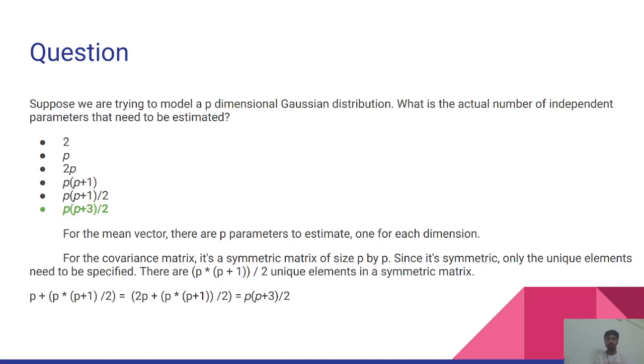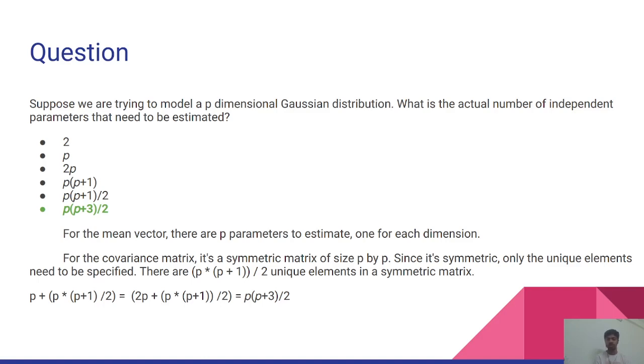And how are we getting it? To find the number of independent parameters, at first we need to find the mean vector. Suppose it is a p-dimensional Gaussian distribution. For the mean vector there are p parameters, one for each dimension.